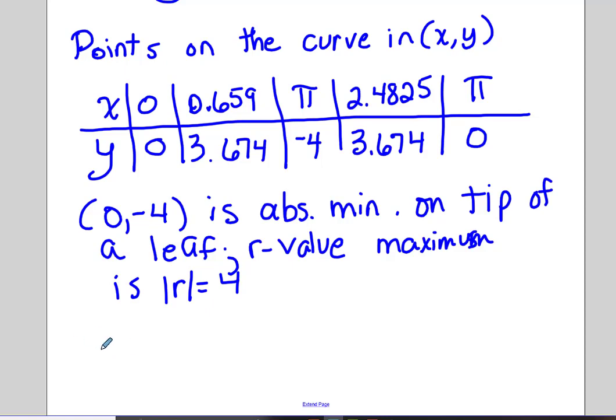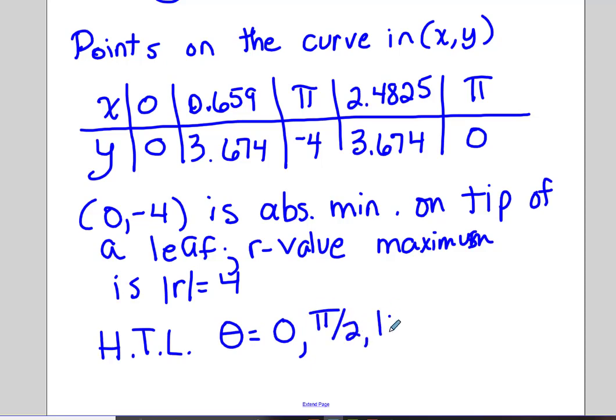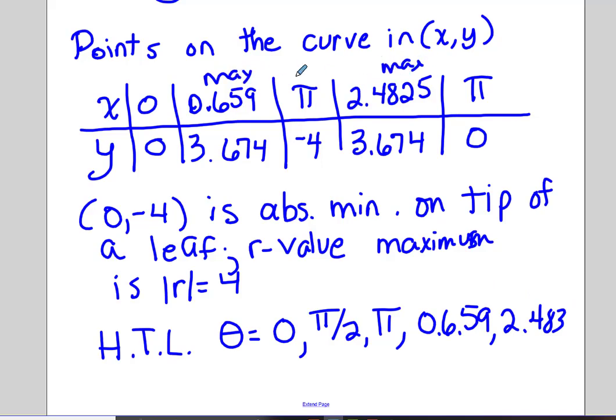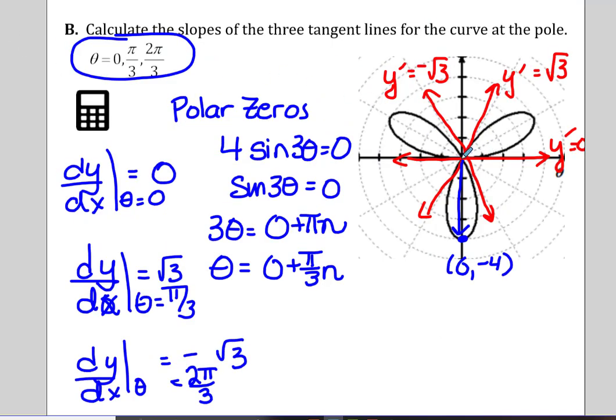And then maybe a fourth point is we've got a horizontal tangent line, and where did those happen? Where theta was 0, and then pi over 2, and then pi, and 6.59, and 2.483, because we had a maximum, and then we started out at 0.